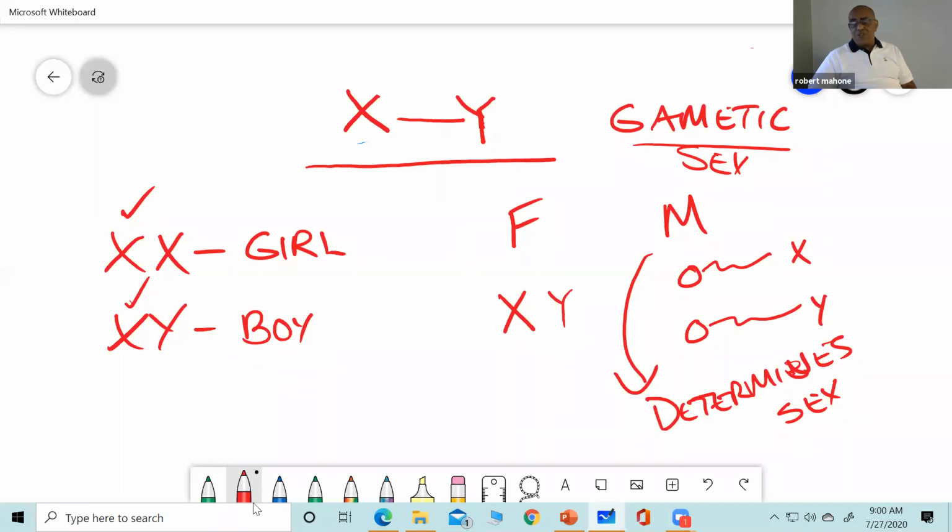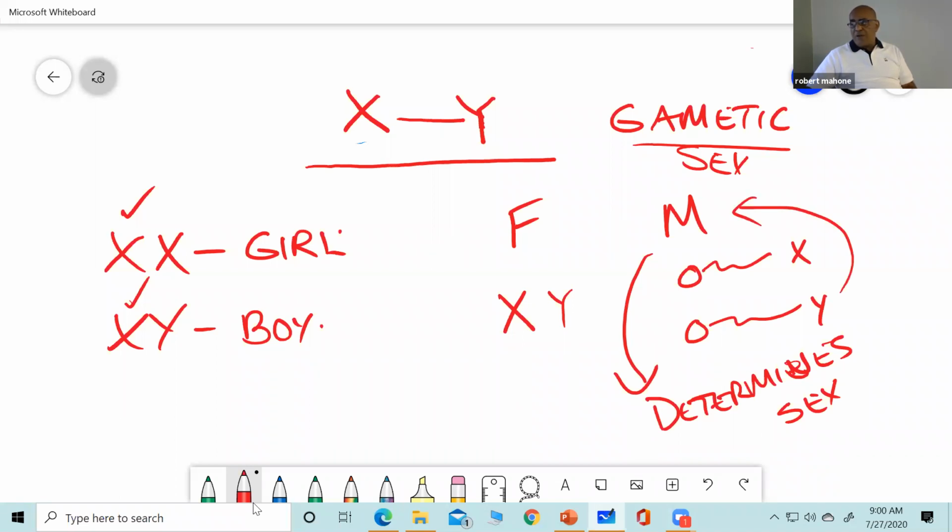So a sample test question might be, which combination of gametes indicates girl? Which combination indicates boy? XX is girl, XY is boy. Which parent can make the Y chromosome? Only the male.